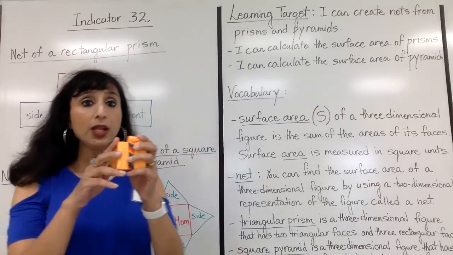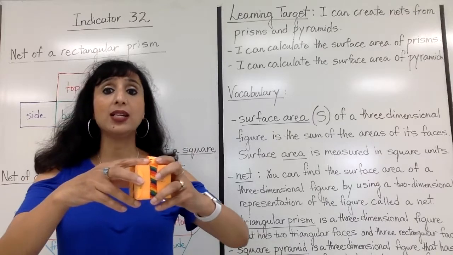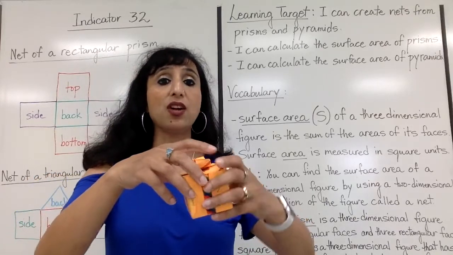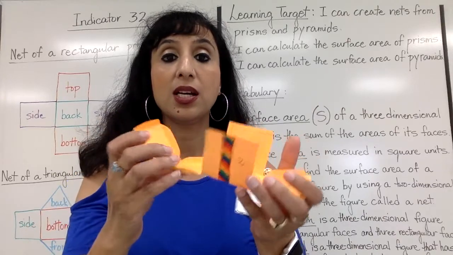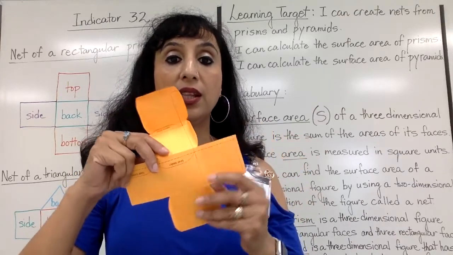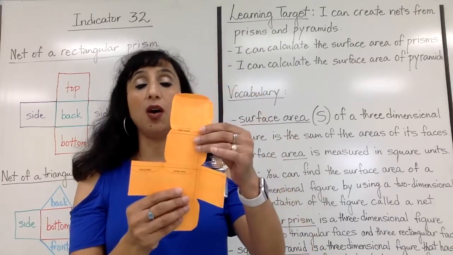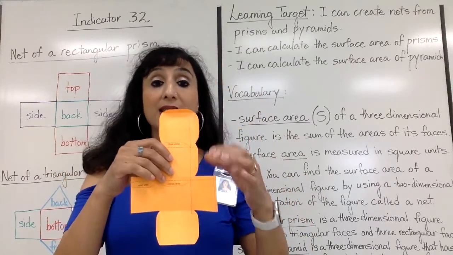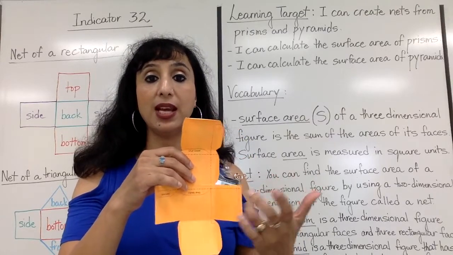Now, when you take a three-dimensional shape and flatten it out, just think about if I open this box, look, this is what I'm going to get. It has 6 faces because look, 1, 2, 3, 4, 5, and 6.